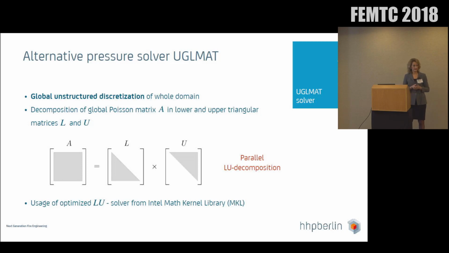This solver also makes use of a highly optimized library, namely the Intel Math Kernel Library, and it is based on a global LU decomposition of the Poisson matrix A, which is again based on the Gaussian elimination process. It decomposes the matrix A into a lower triangular matrix and an upper triangular matrix. In our case, both are the same because we have a symmetric problem, so we only have to store L.